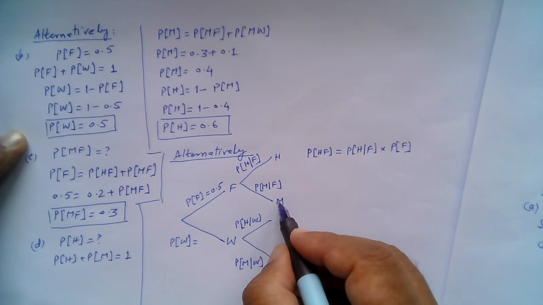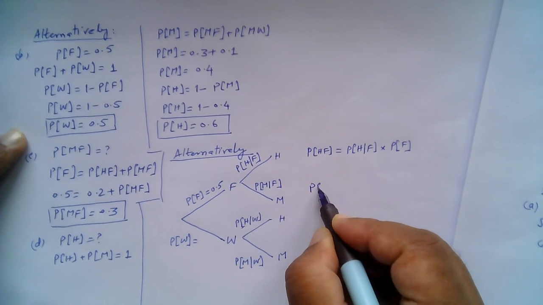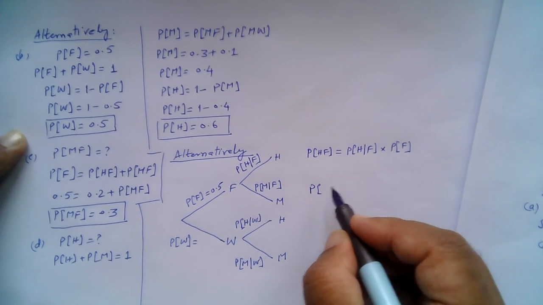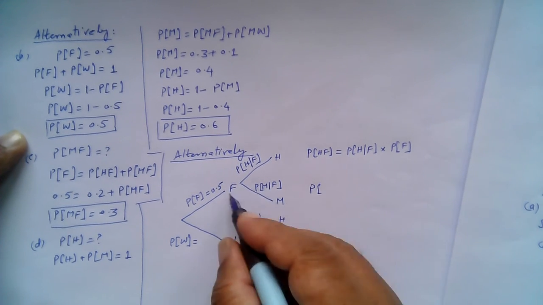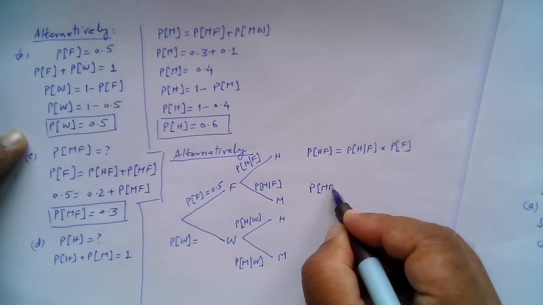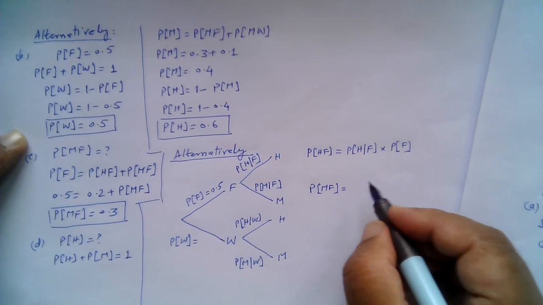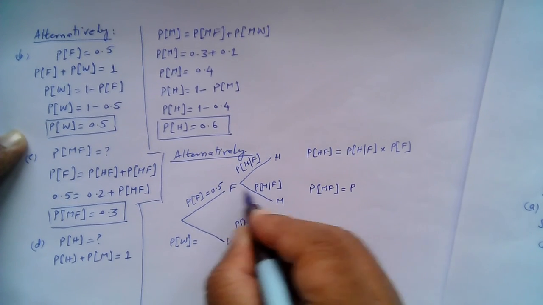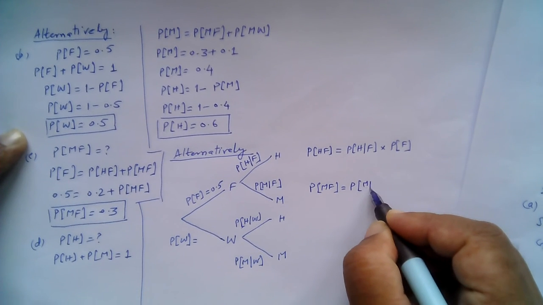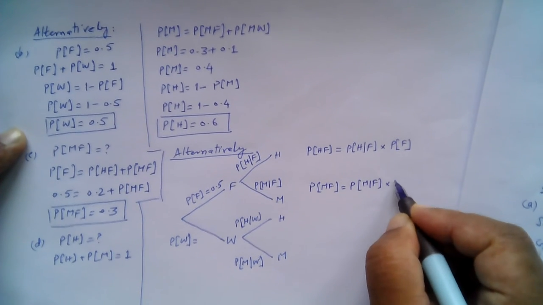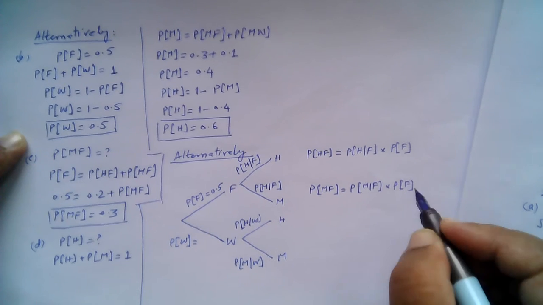And this here is probability MF, M and F, and this is probability of M given F multiplied by probability of F.